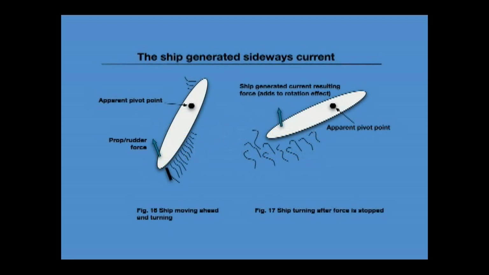Let's consider a ship turning and moving ahead. The sweeping movement of the stern creates a vacuum which in turn drags a mass of water towards the quarter ship side. The outer ship side also pushes a mass of water away. We will call it the ship-generated sideways current.